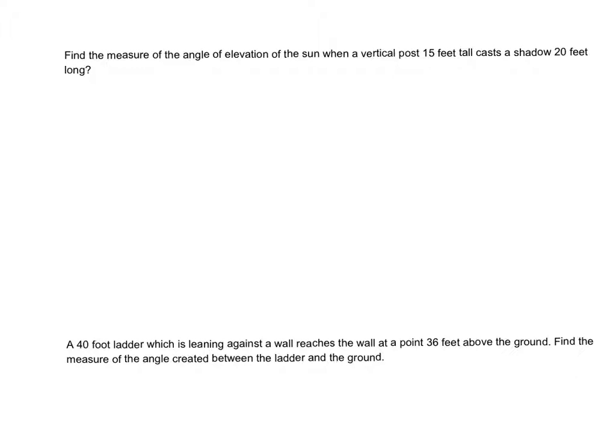So if we draw our picture, let's draw our sun here, and let's draw a post. So the sun casts a shadow on this post and meets with the ground.